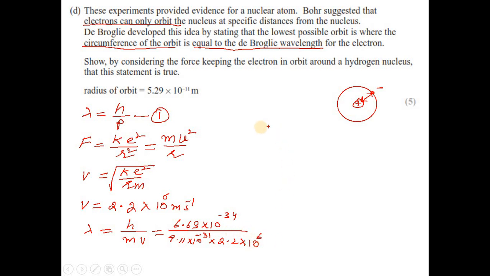Now we can figure out the wavelength. Lambda is equal to 3.3 times 10 to the power minus 10 meter.